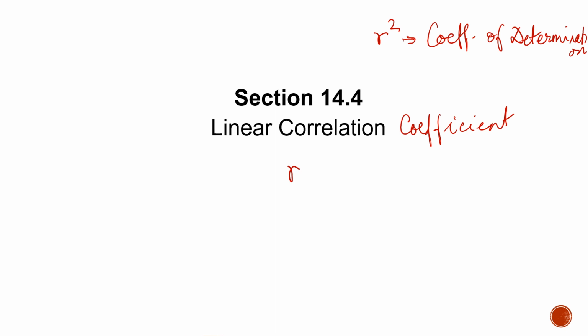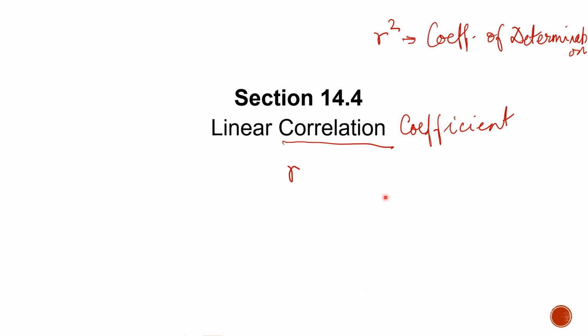So the linear correlation coefficient is denoted by the letter R, and this particular measure tells us how well x and y variables relate with each other. That's why correlation. Now they could relate positively. That means as x values go up, the y values also increase.